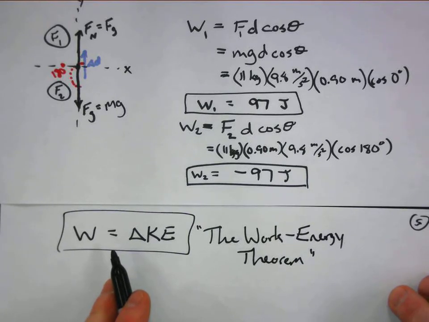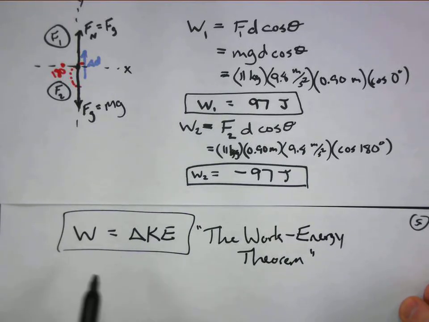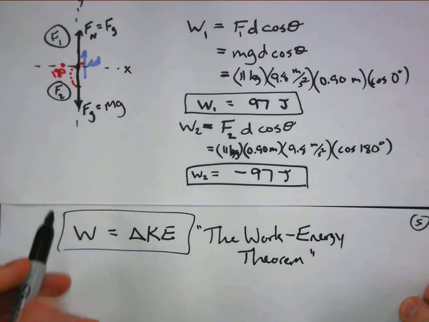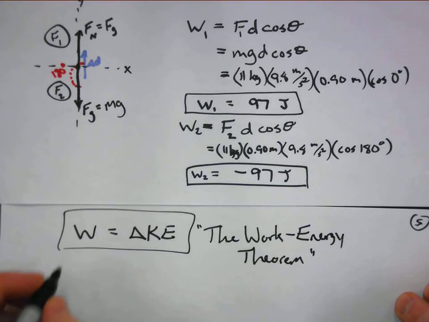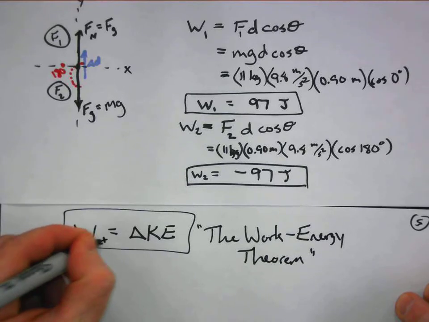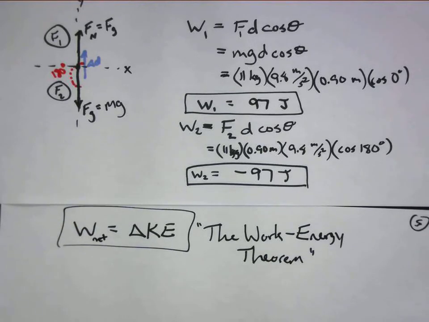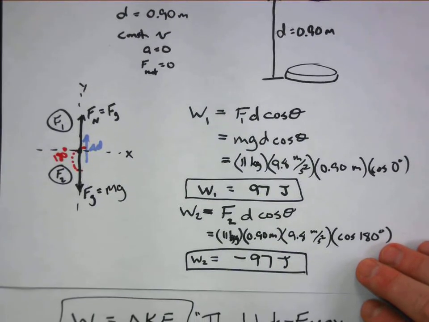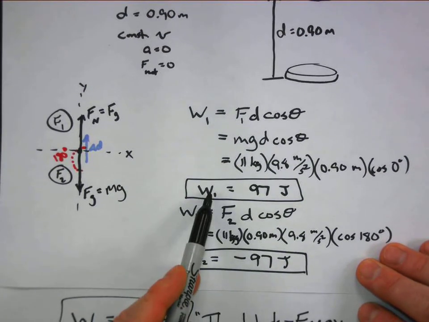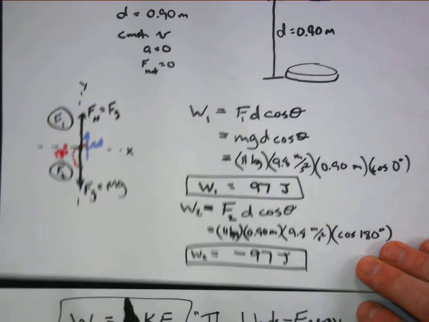Here's the issue, though, the thing to keep in mind. This work is not the work done by any single force. It's the total work, or the net work. The overall amount of work done. Well, think about this previous problem. What was the overall amount of work done? We'd have to add the work done by force 1 to the work done by force 2.